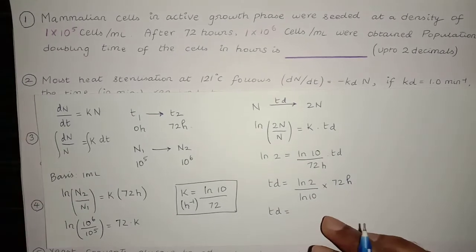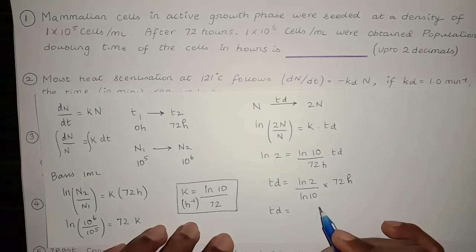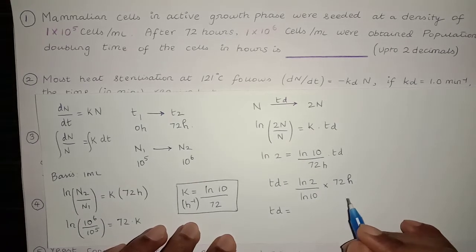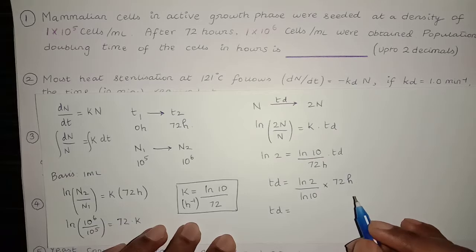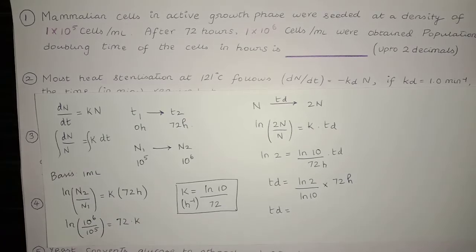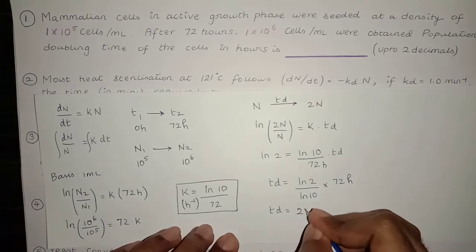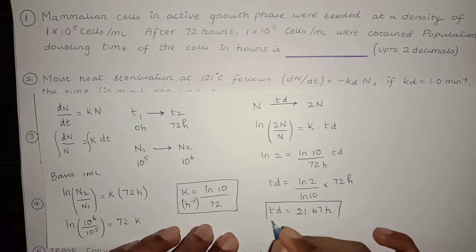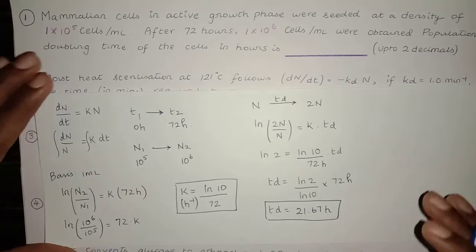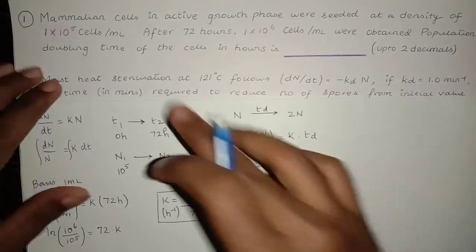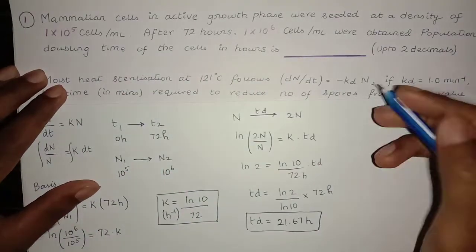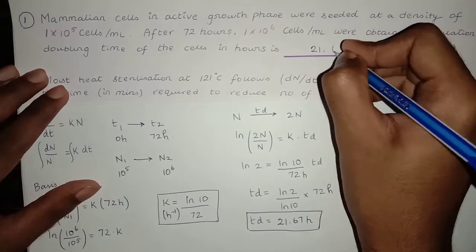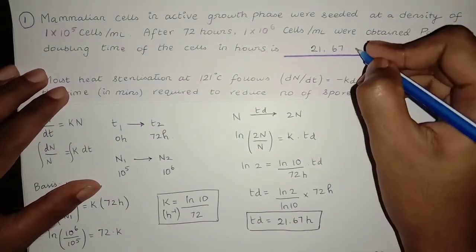So the value of ln 2 over ln 10 into 72 hours, calculated using a scientific calculator, is 21.67 hours. So the doubling time of the cells in hours is 21.67 hours.